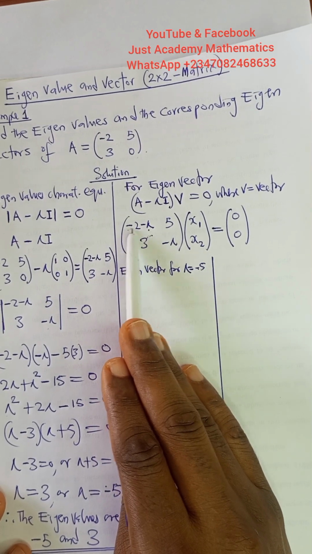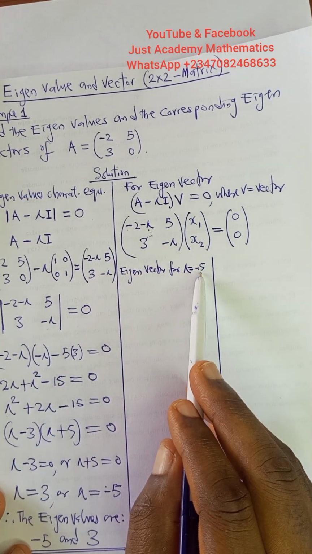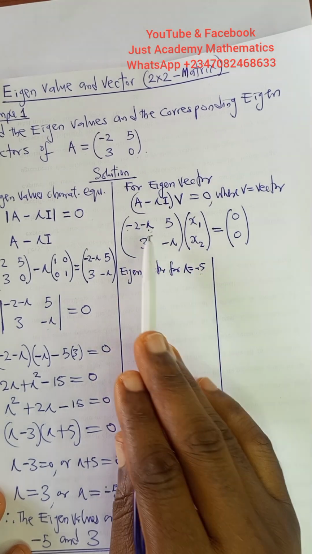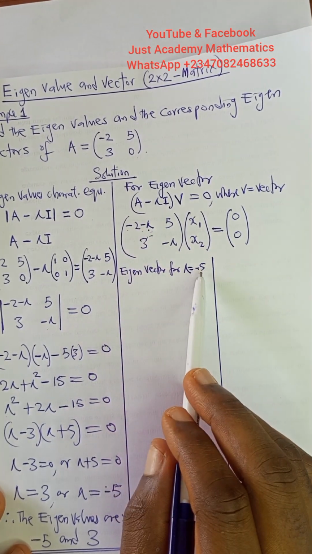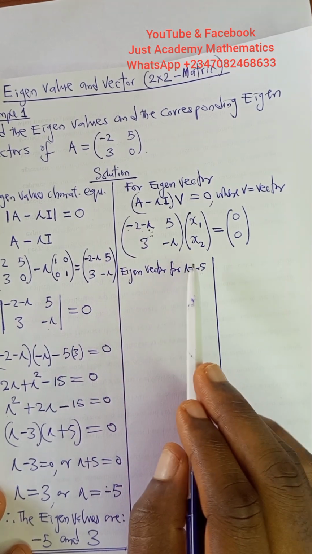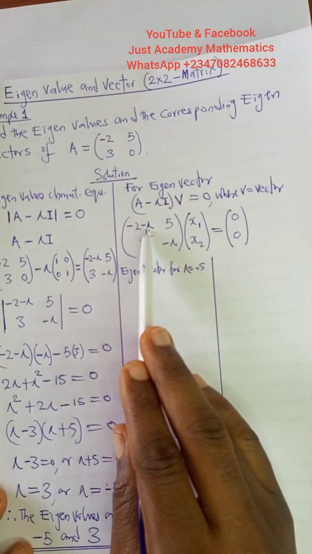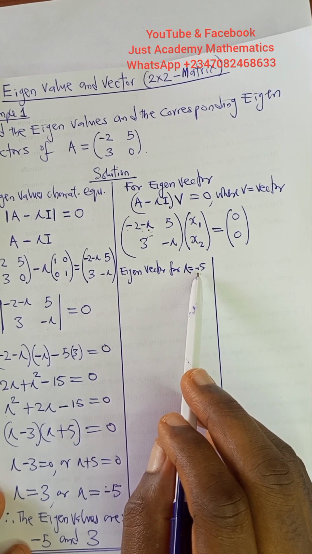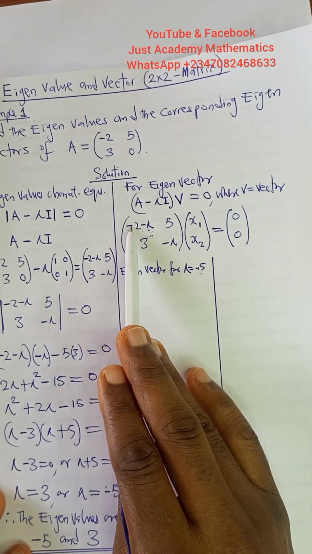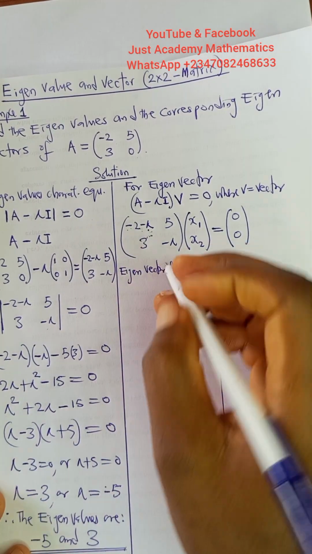Now, the vector for lambda equals -5 means when this lambda is -5, then the equation you are seeing here will now be -2 minus lambda. What is lambda? -5. And -2 minus lambda: minus times minus is plus. So -2 minus lambda will be -2 plus 5, because this is minus lambda, and minus -5 will give you +5. So -2 plus 5 will give me what? 3.